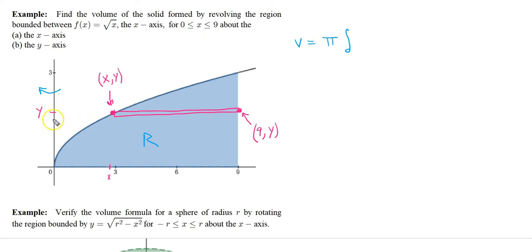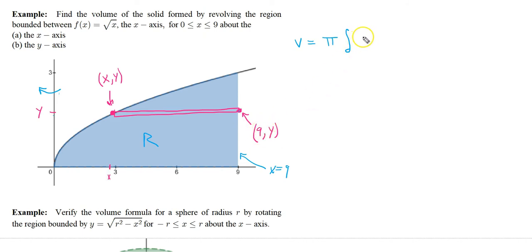alright, now our outer radius, the distance from your axis of rotation to this curve, or in particular that point right there, is going to be 9, right? It's always 9. Okay, this is the curve x equals 9. That's what we have labeled right here.